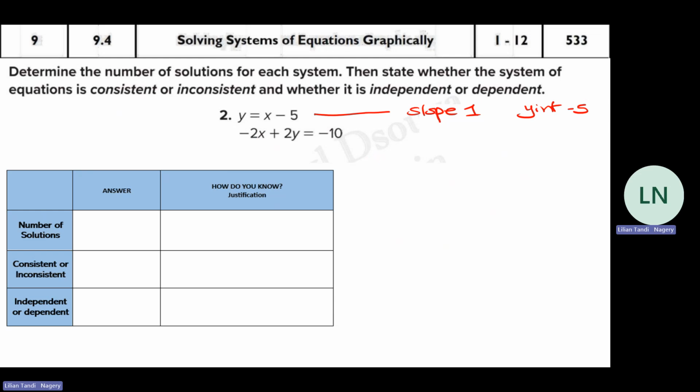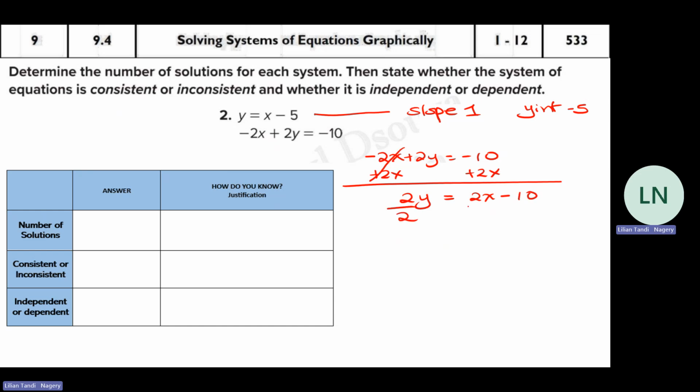So you have -2x plus 2y equals -10, plus 2x on both sides. This goes away. So you have 2y equals 2x minus 10. You divide every term by 2. So this goes away, this also goes away. You're remaining with x minus 5.